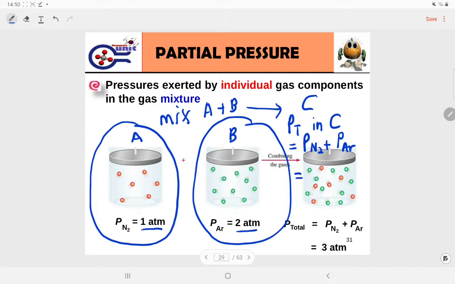The partial pressure of nitrogen initially is 1 atm and my argon is 2 atm. Thus in total, the total pressure of all gases present in this new container is 3 atm.